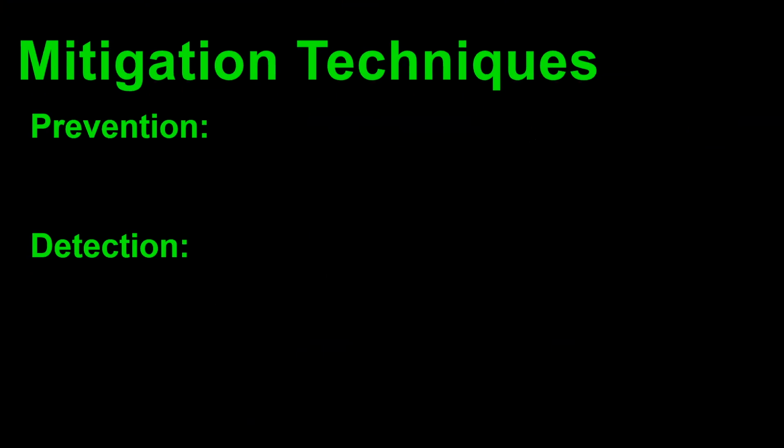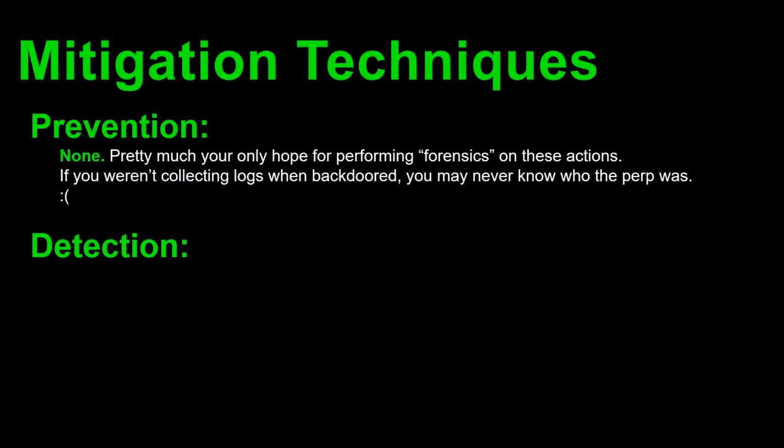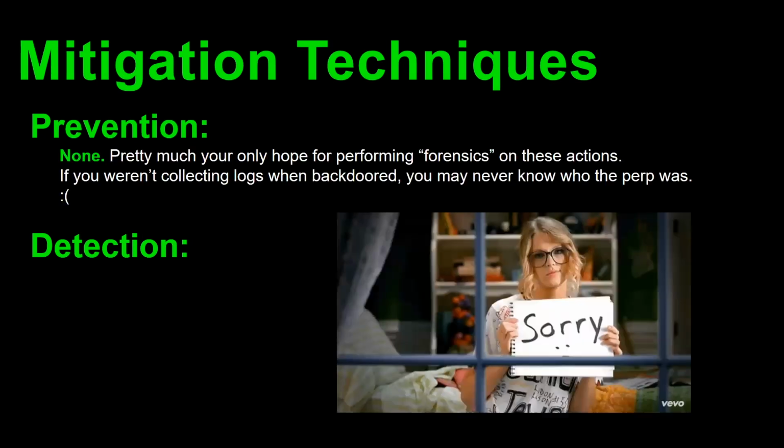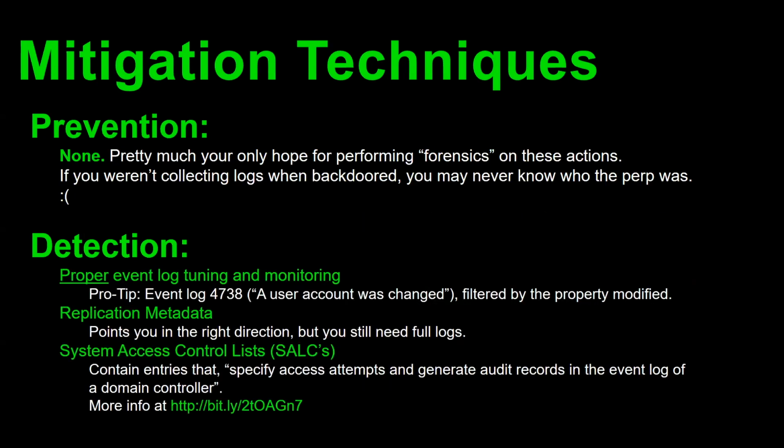All right, so we've talked about the FUD. Let's talk about how we can protect from these sorts of things. From a prevention perspective, I've got some bad news. We're kind of hosed. There's not a lot that we can do from a prevention perspective. It's really about monitoring, detecting, and responding. So there's a couple of event IDs that I would recommend an organization tune their event logging to alert on.